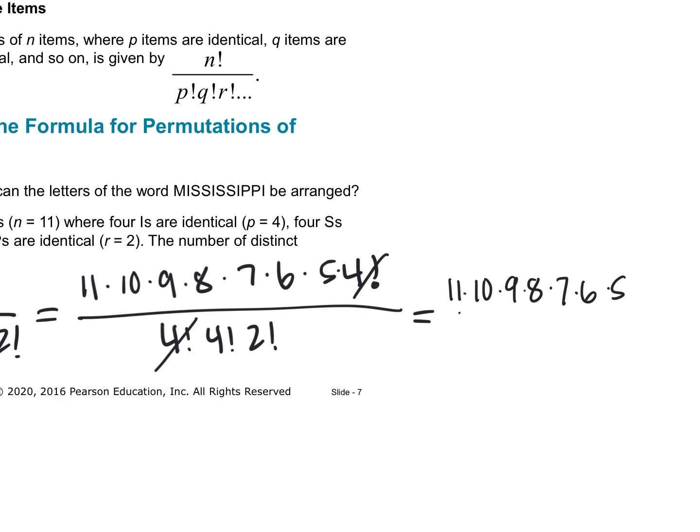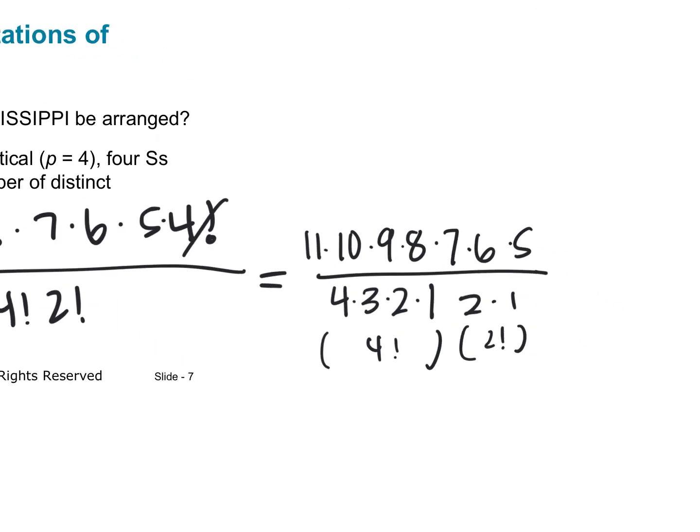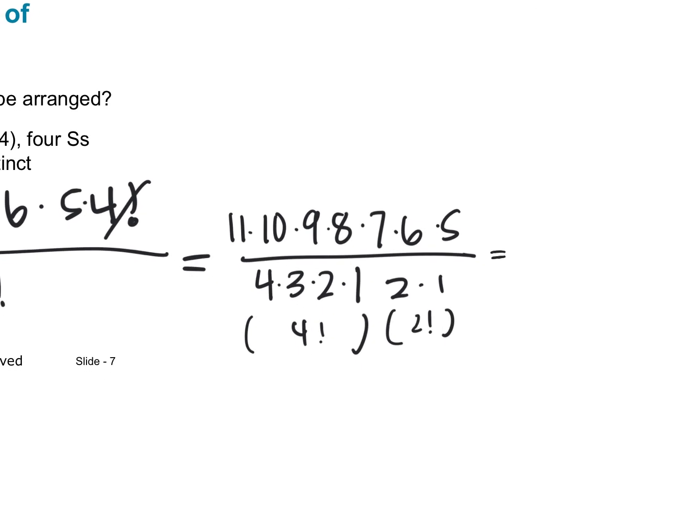And then divided by 4 times 3 times 2 times 1. That 4 factorial is those numbers. And then 2 times 1 is that 2 factorial. If you put that in your calculator, make sure you do parentheses around the top and the bottom when you do that division. You end up with 34,650.